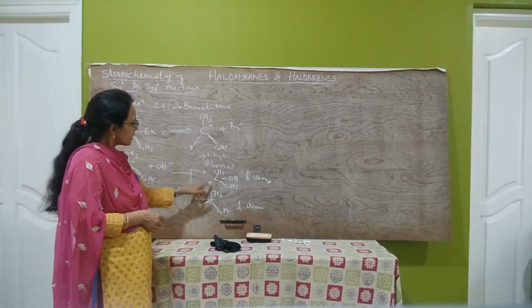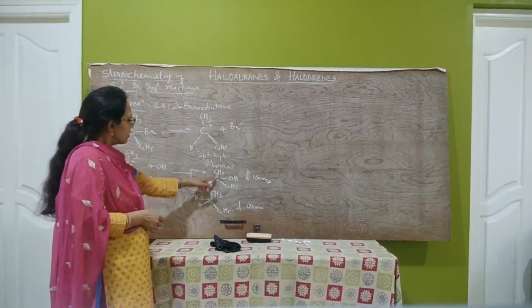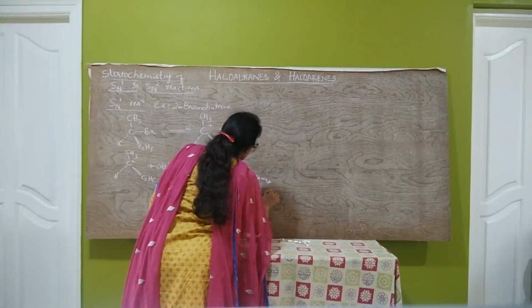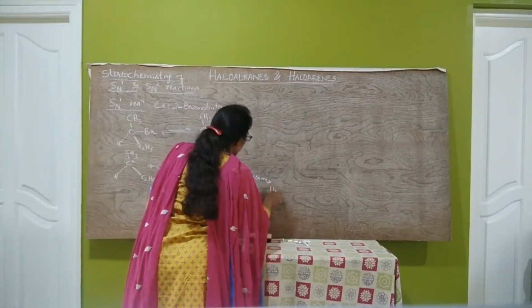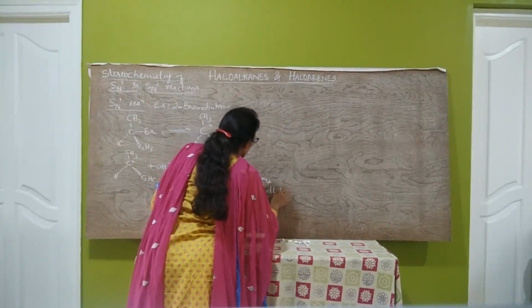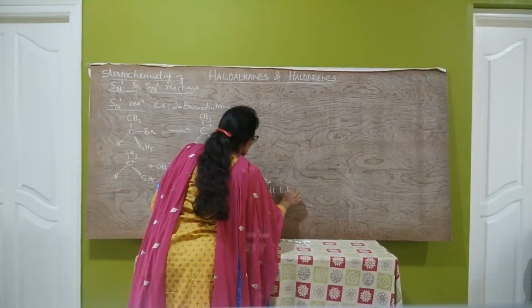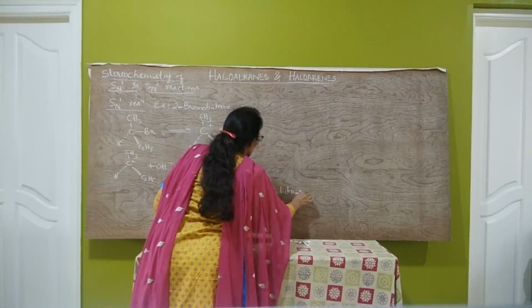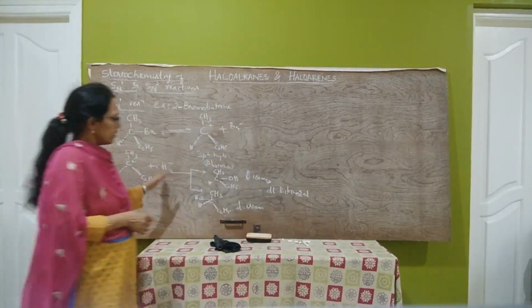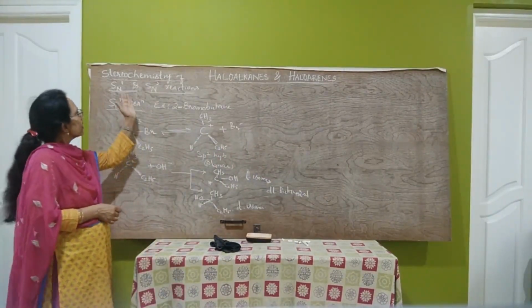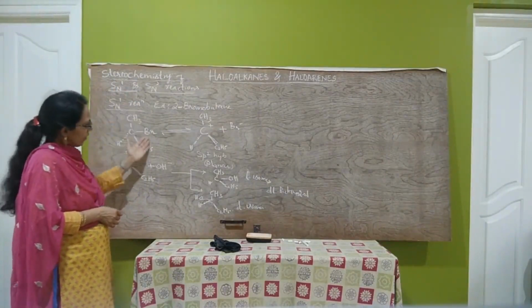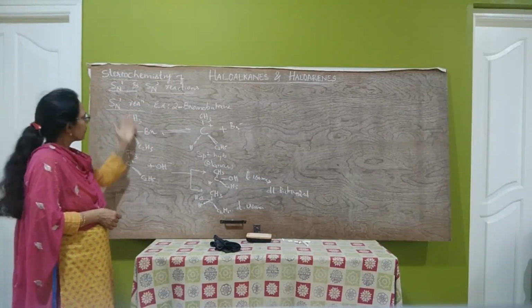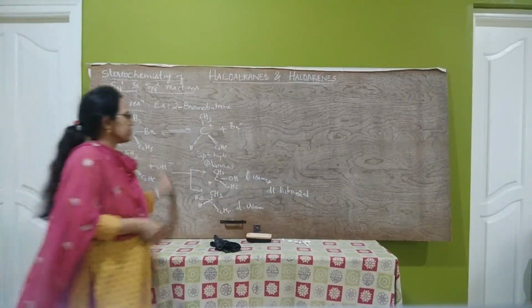This compound we can say is DL butan-2-ol, or plus-minus butan-2-ol. So this is the stereochemical aspect of the SN1 reaction.